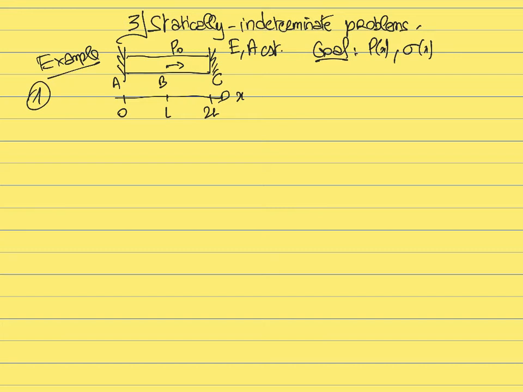Here, those are fixed supports, so strictly speaking, there should be three unknowns: a normal force, a shear force, and the moment. But because there is no external moment and no external shear force, I'm going to disregard the shear component and the moment component of the reactions of the support, and only focus on the forces that are along the x-axis. So we have two unknowns.